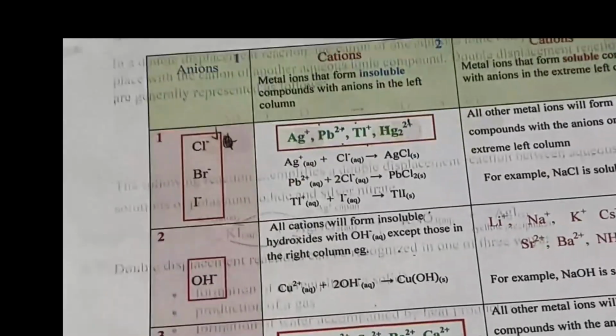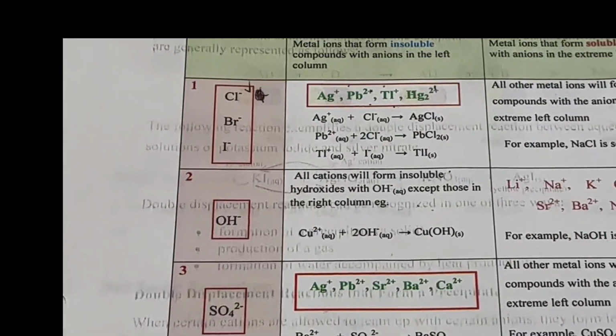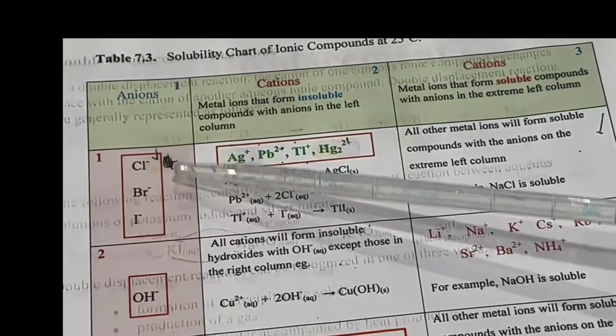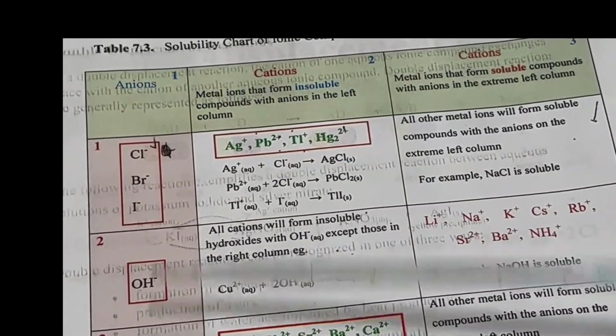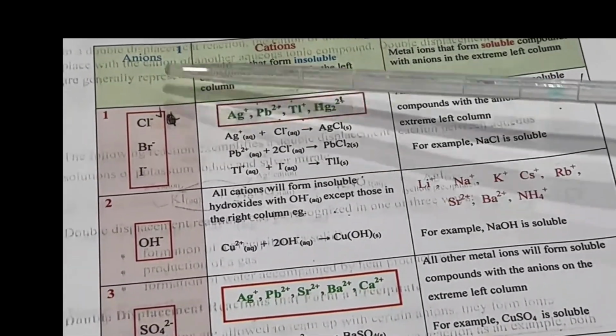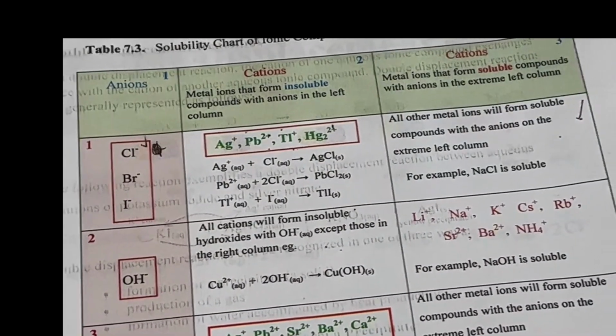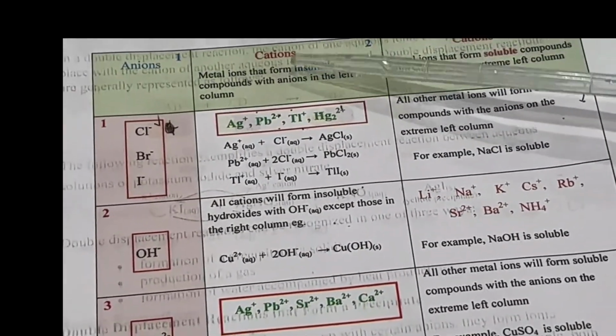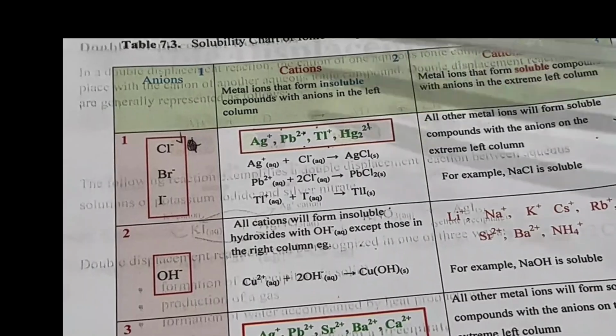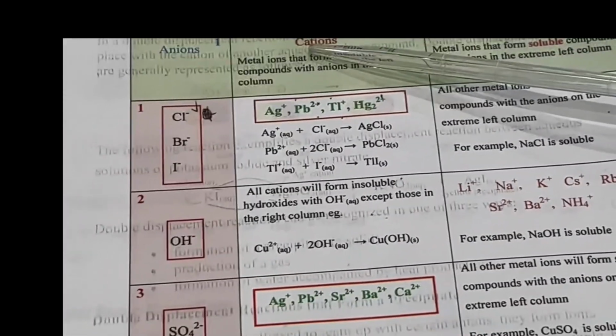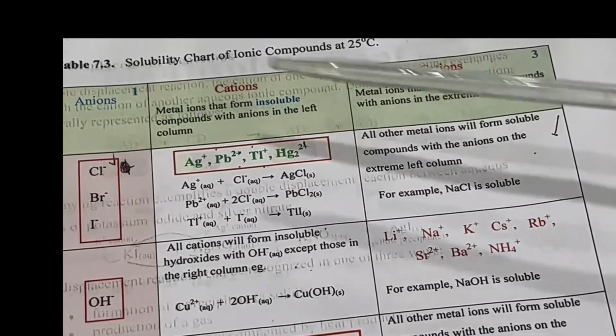This here is a solubility chart. Listen attentively. These are the anions that cations react with. See, the first column gives you all the anions. This second column here and this third one relate to the various cations.